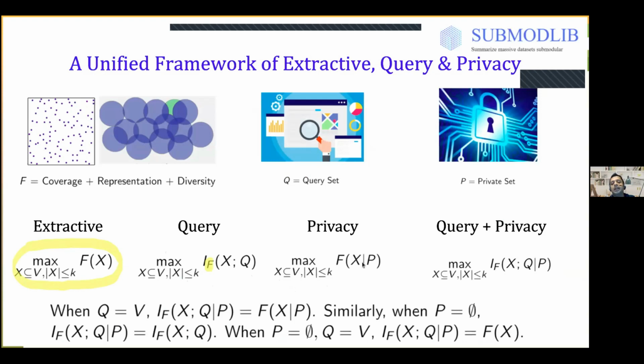And you could do the same with conditional gain. Finally, you could also put together the query relevance and irrelevance to the privacy set through the conditional gain mutual information CGMI functions here. Of course, we have some degenerate cases which correspond to when the query is the entire ground set, or when the privacy set is the empty set.